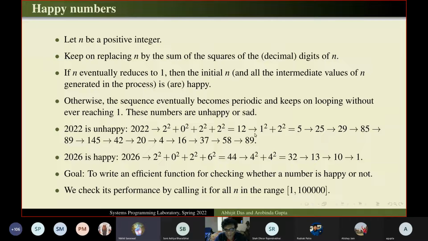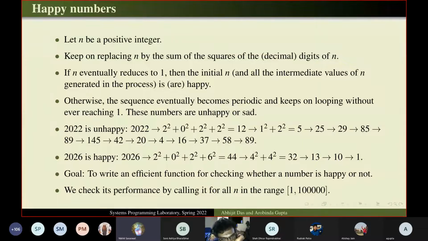And whenever a new number is generated, we will see whether it was generated earlier. So here 89 was generated earlier, and this is the first time I am detecting this. So I am declaring it as unhappy. Or if I ever reach 1, I immediately declare that number to be happy. So I have to detect a cycle, and for that I have to remember what numbers are generated so far.